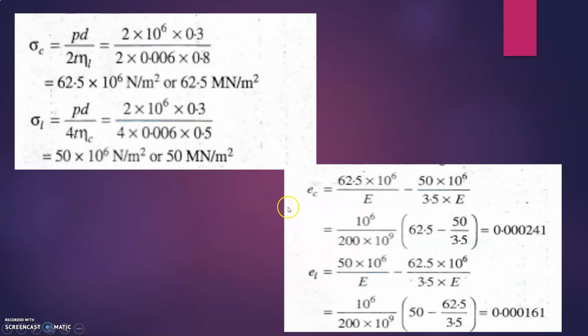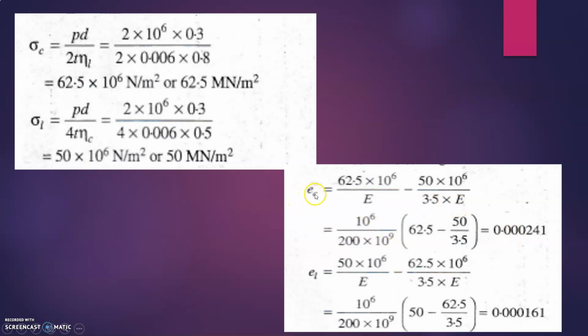Then what can you calculate? You can calculate the circumferential strain, that is sigma C divided by E minus sigma L divided by m into E. Substitute sigma C, that is 62.5 into 10 raised to 6 divided by E, minus sigma L, 50 into 10 raised to 6 divided by m, 3.5, into E. You can take E outside, that is 200 into 10 raised to 9.